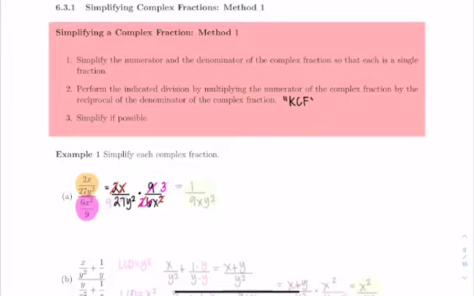I can also simplify the 3 and the 27. So 3 goes into 27 9 times. And so after all the simplification, we only have a 1 left on top, and on the bottom we have a 9, an x, and a y squared.